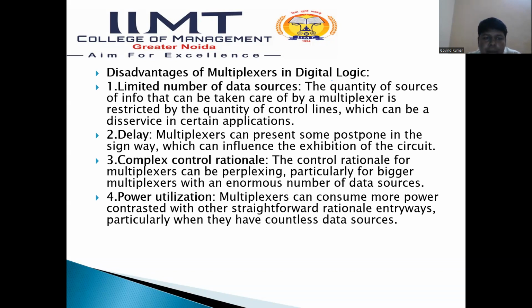Point 3 is complex control logic: the control logic for a multiplexer can be complex, especially for multiplexers with a large number of data sources. Point 4 is power consumption: multiplexers can consume more power compared to other simple logic gates, especially when they have a large number of data sources.